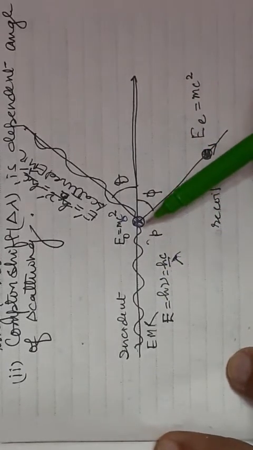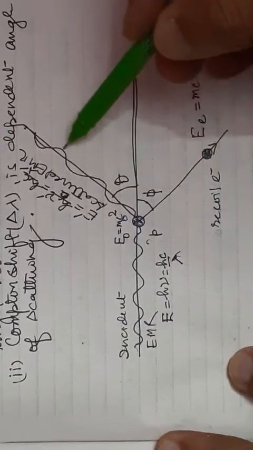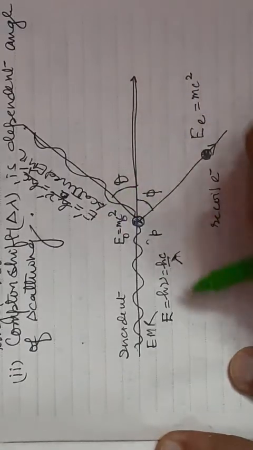While in the process of scattering, due to this electron, some part of the energy is scattered, which is having lower energy than the incident one.